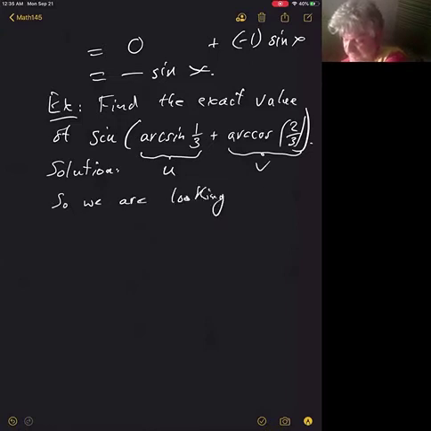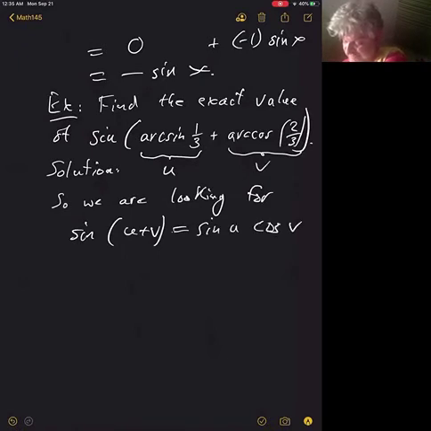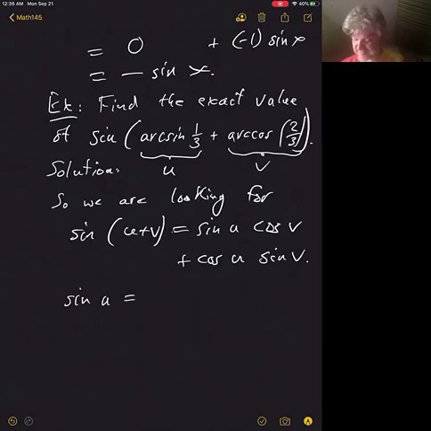Looking for the sine of U plus V, which is sine U cosine V plus cosine U sine V. What are those four quantities? The sine of U is the sine of arcsine of 1/3. We had those before. Remember those?